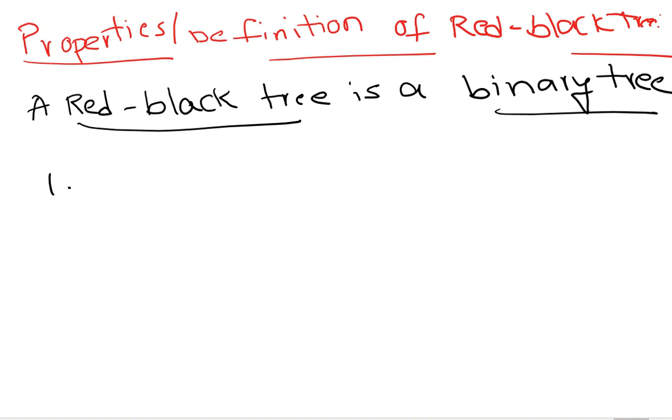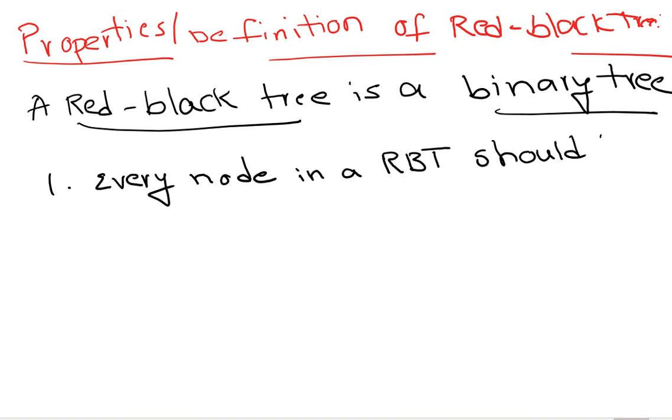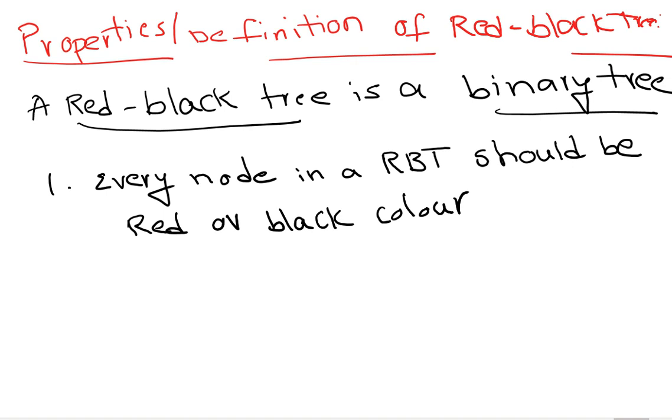What are the properties? Every node in a red-black tree should be red or black color. This is the first property. Every node in a tree should be either red color or black color.